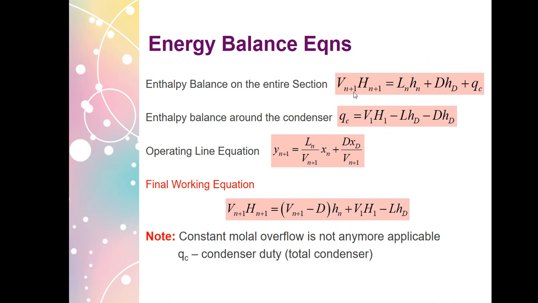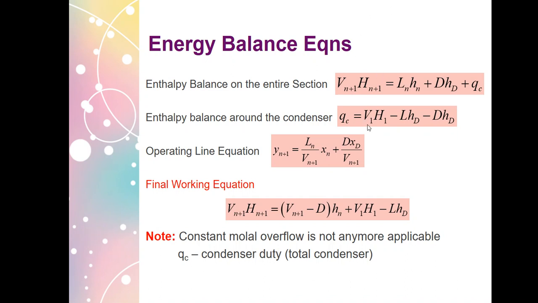The V sub n plus 1 is the vapor leaving the top plate of your column, and these are the other parameters in the equation. V sub 1 is the vapor that goes back to your column from the reboiler, or the vapor that goes up the column coming from the liquid that was converted into vapor by the reboiler.